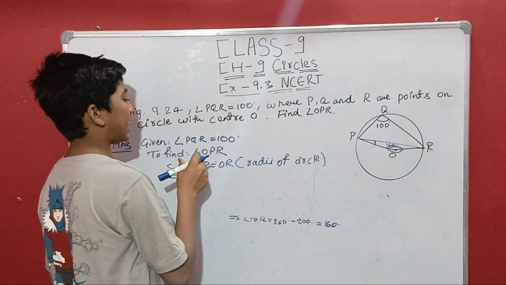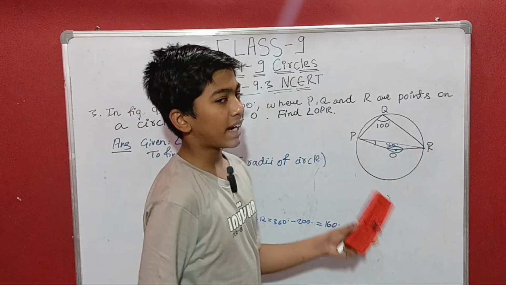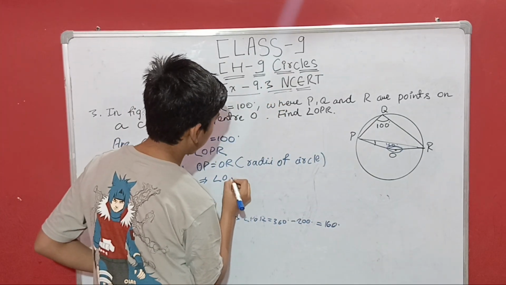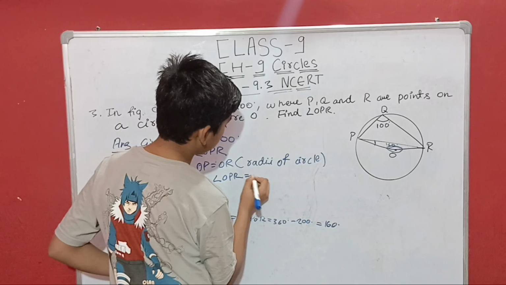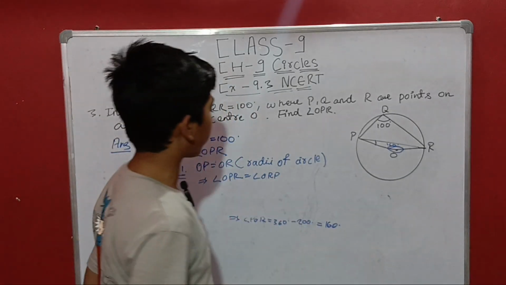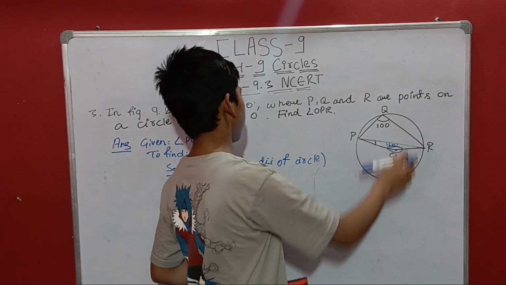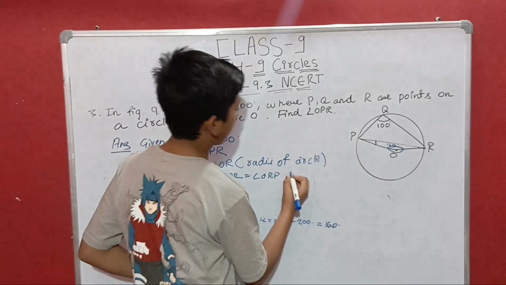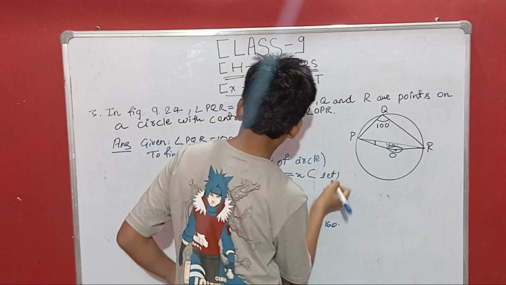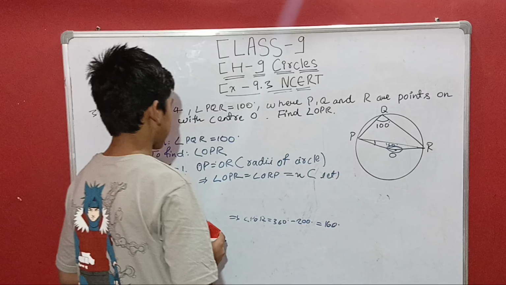So if these two sides are equal, then the angles opposite to them are also equal. So angle OPR is equal to angle ORP. Why? Because angles opposite to equal sides are equal. We shall let them be x. We shall let angle OPR is equal to angle ORP is equal to x.